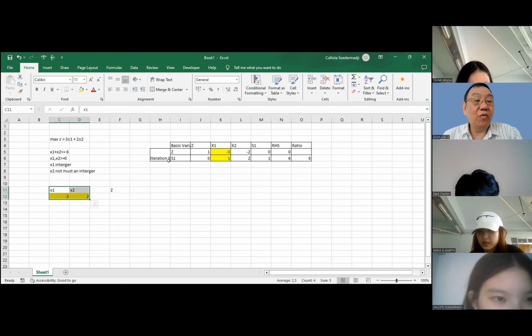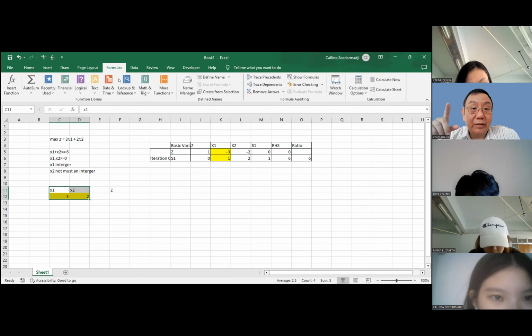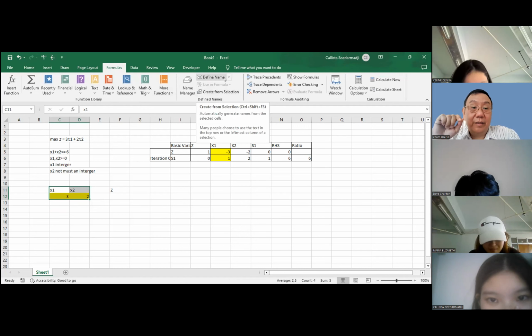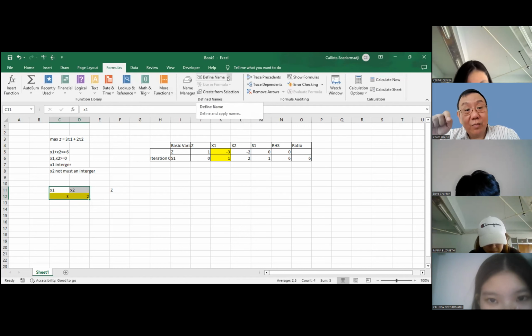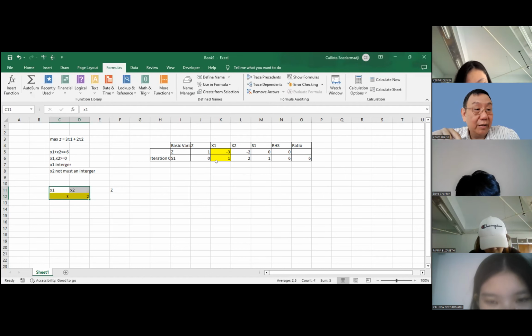Okay, and then you go to formulas. In formulas, you see create from selection, define names. Create from selection. Top row, correct. Click OK.